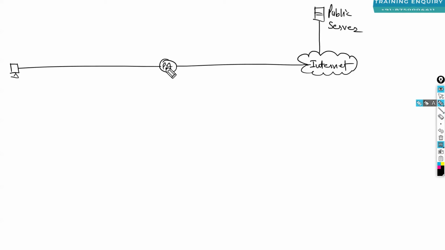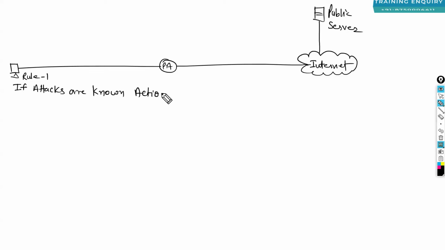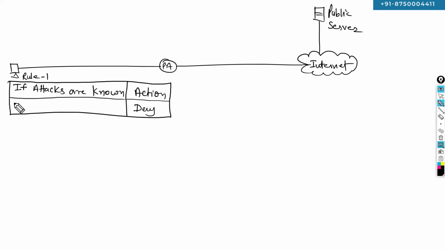Now, on this firewall we have defined a rule, like rule number one: if attacks are known, then you can take action.